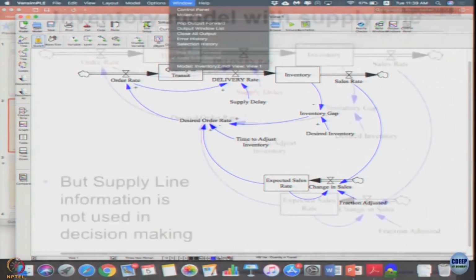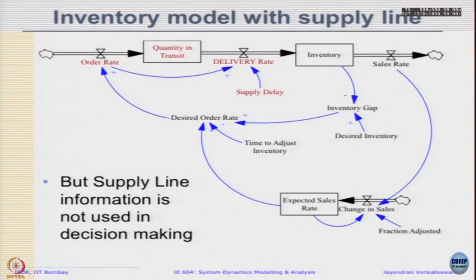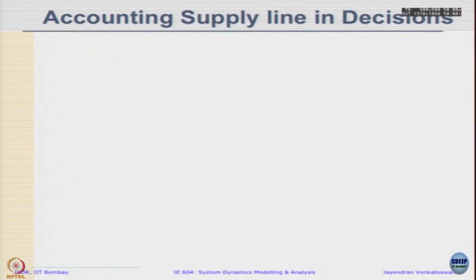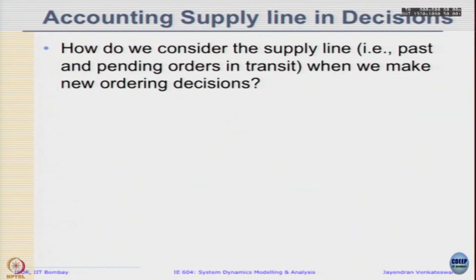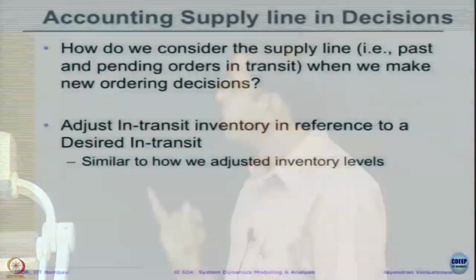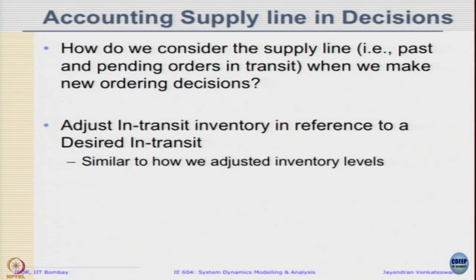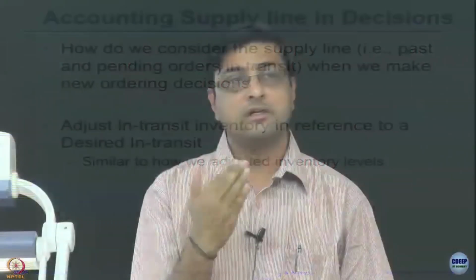Now, let us go back to our model. What we are going to do is adjust the in transit inventory in a similar manner as we have been adjusting the inventory. So, let us define a desired in transit inventory, and based on the desired inventory level, we will adjust the in transit inventory to meet that desired value and see whether that can help in minimizing our dynamics.